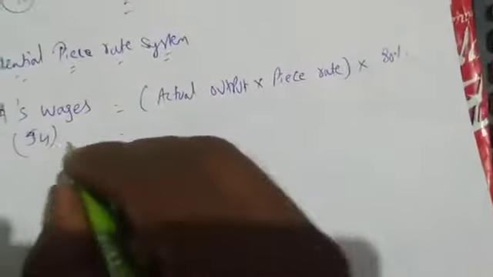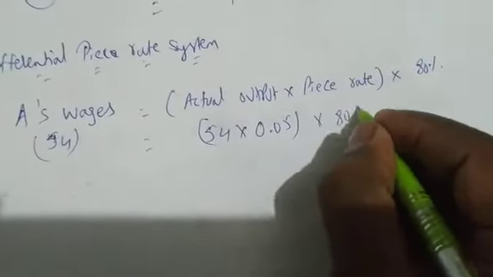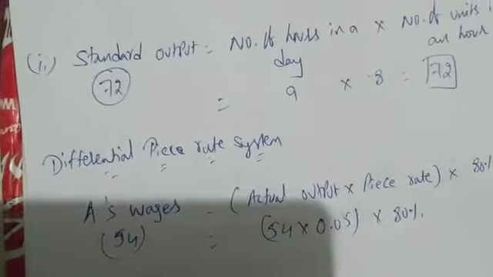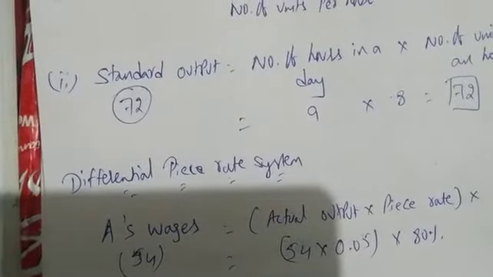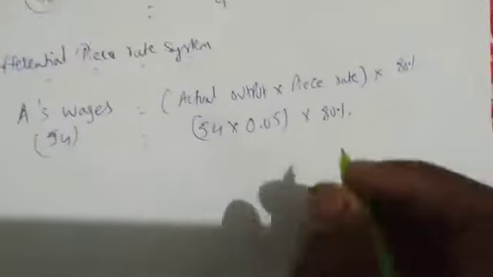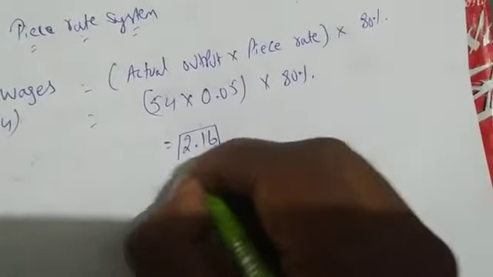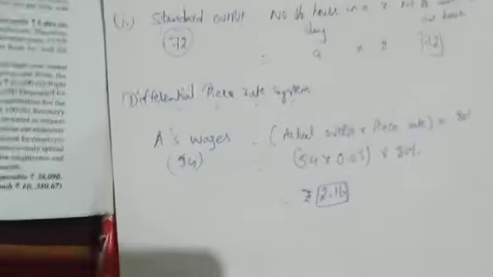So actual output, how much? 54 into piece rate, here we have 0.05, into 80%. In the question it says 80%. We are taking 80%. 54 into 0.05 into 80%. So we are getting 2.16. Who will receive? A will receive wages of 2.16.